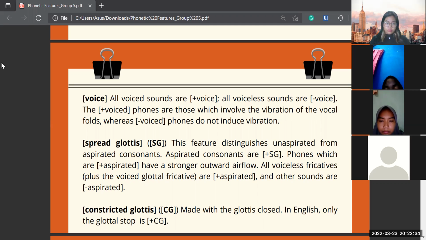All voiceless fricatives plus the voiceless glottal fricative are plus aspirate, and other sounds are minus aspirate. And the third one is constricted glottis, or CG. Made with the glottis closed, in English only the glottal stop is plus CG.